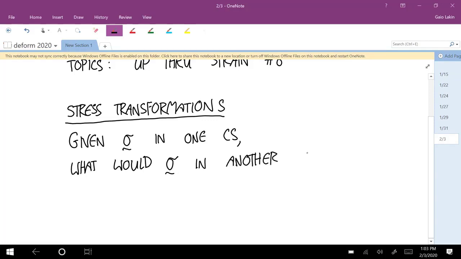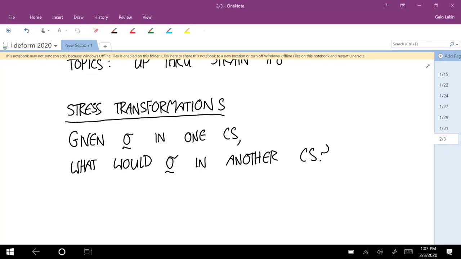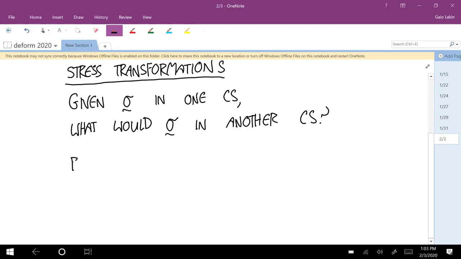That's all we're trying to do. And this is based on a rotation matrix. Rotation matrices are really useful things in all sorts of branches of physics and engineering.